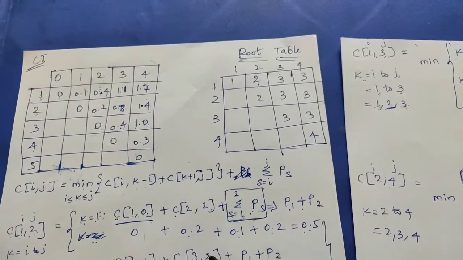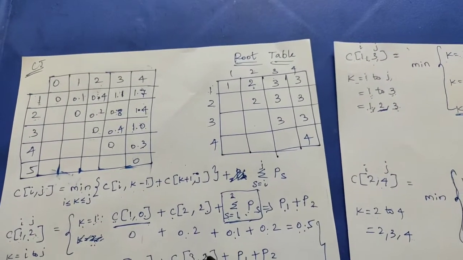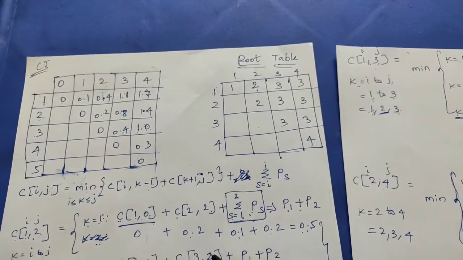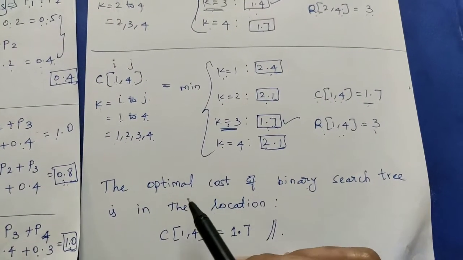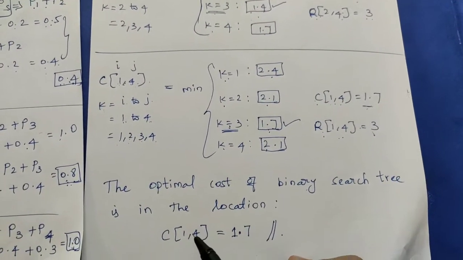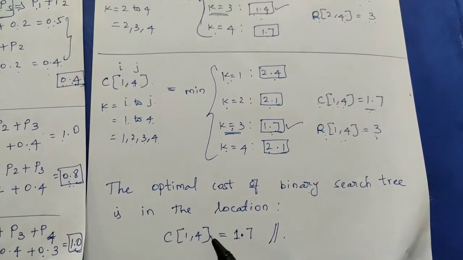Now the final thing is how to find out the optimal cost of searching a binary tree. What is the optimal cost of searching a binary search tree? See, always the optimal cost of a binary search tree is in the location C of 1 comma 4.